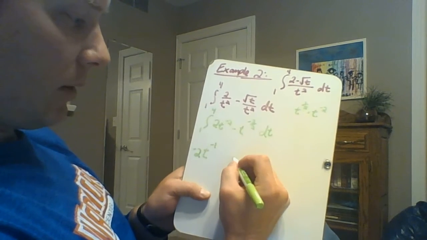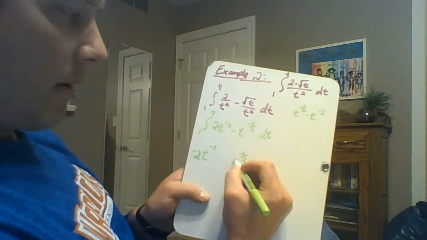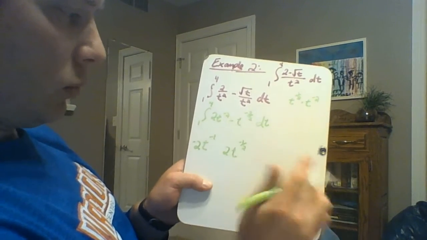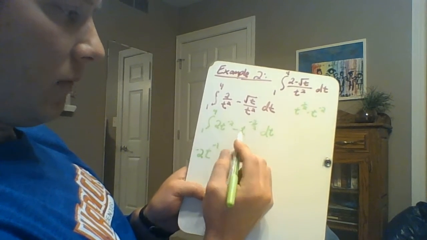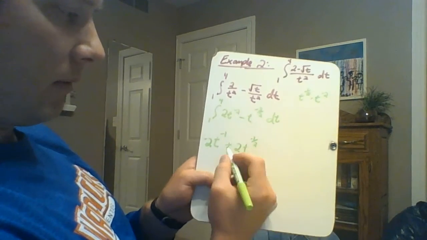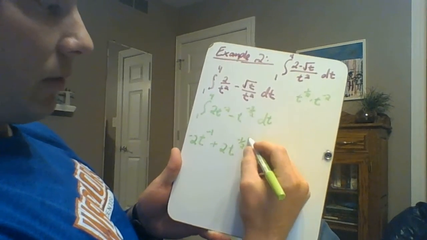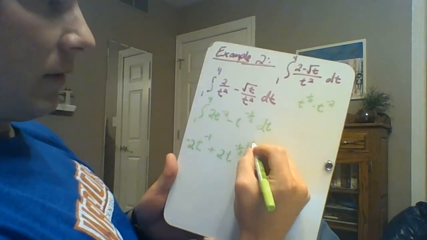Here, what's one higher than -3/2? Well, -1/2. What has to go here? A 2. -1/2 times 2 is going to be -1. So we got our negative, so we can just put a plus there. So once we write the antiderivative, we are evaluating that from 1 to 4.